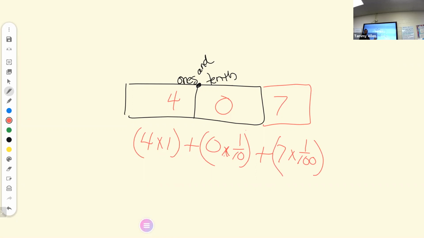Because this is 0, do we really need to have that in there? No. So this part does not have to be in there. We can just go directly with 4 times 1 plus 7 times 1/100. Yes, Ezra. What would that equal? That's what those two are. Okay? Are we good with that?